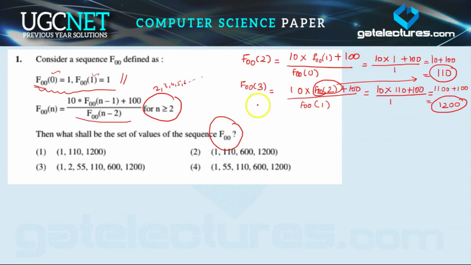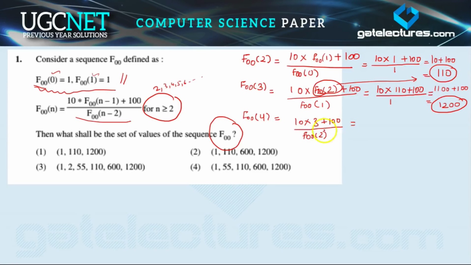Now take the value of f(4). Put n equal to 4, so 10 into f(3), since 4 minus 1 is 3, plus 100 into f(2), since 4 minus 2 is 2.